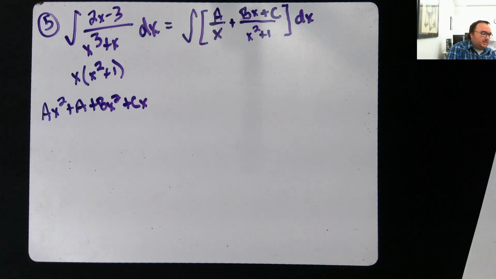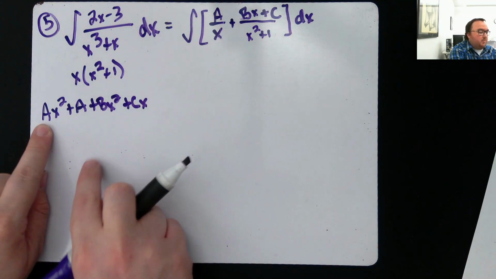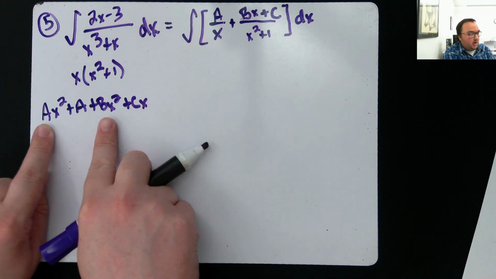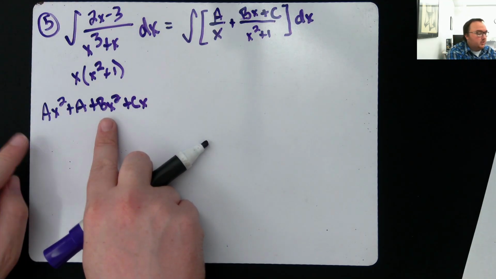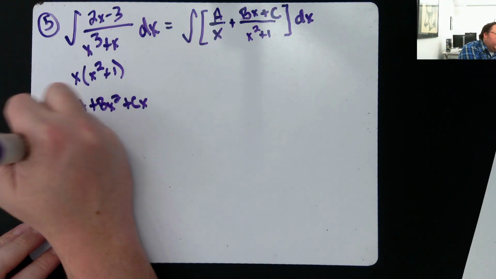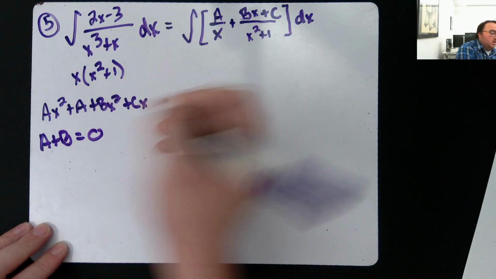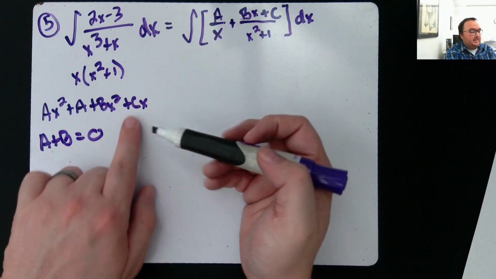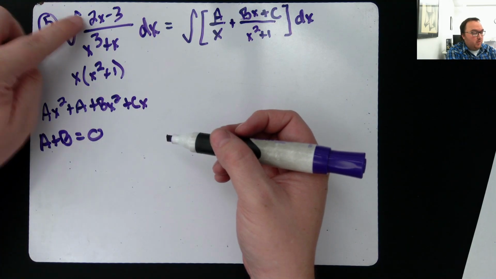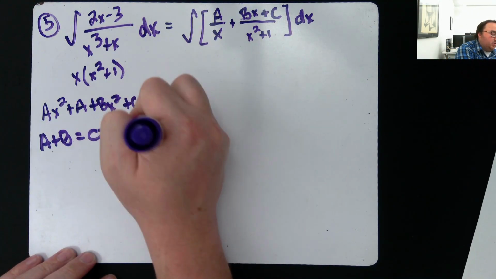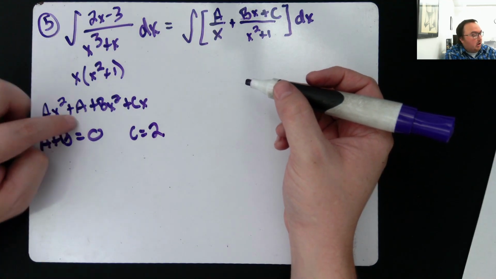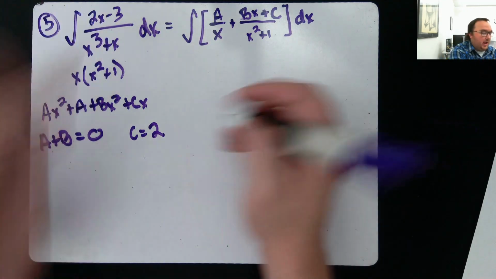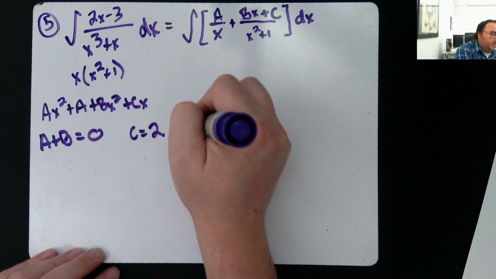So what this means is that ax squared plus bx squared must be equal to, well, I notice there's no squared term up here, so a plus b has to be equal to 0. The x is right here. cx must be equal to 2x, which means c has to be equal to 2. And then the only constant I have here is an a, so a must be equal to -3.